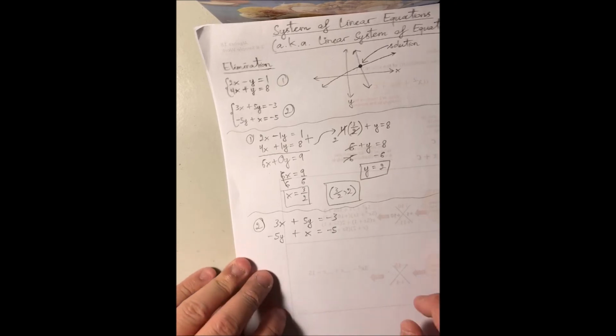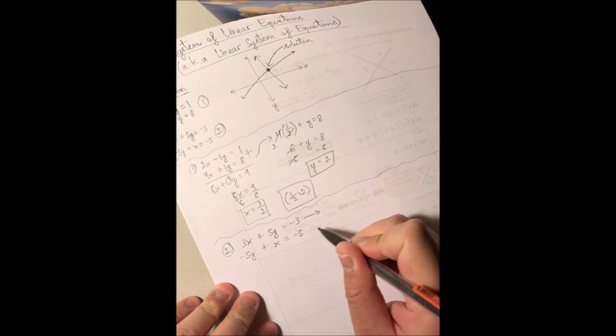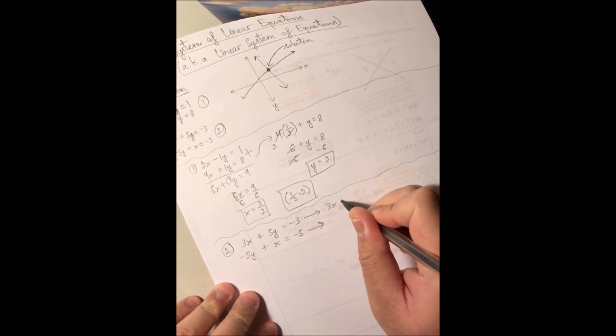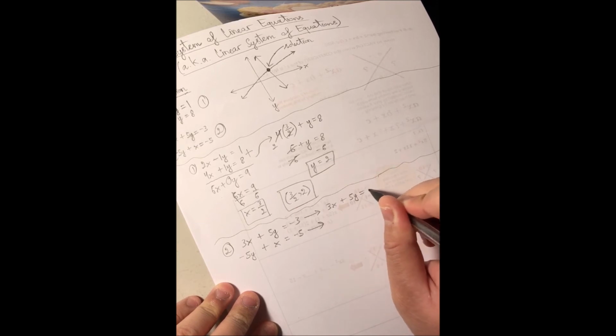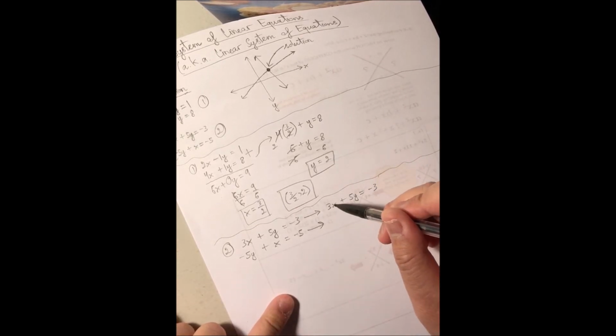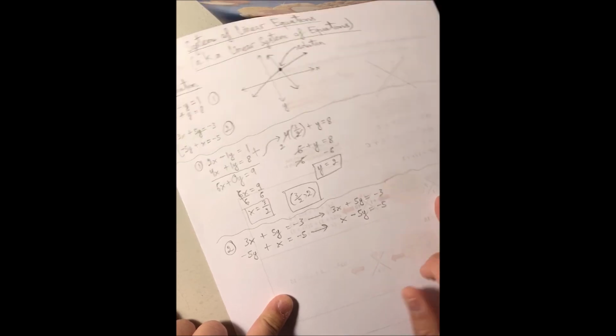So to compare them, we want to make sure that we line them up accordingly. So 3x plus 5y equal to -3. And for the second one, I'm just going to switch places so that the x is on top of the other one. So x and x. And for the y, I got minus 5y equal to -5.